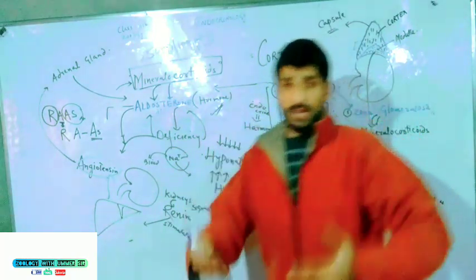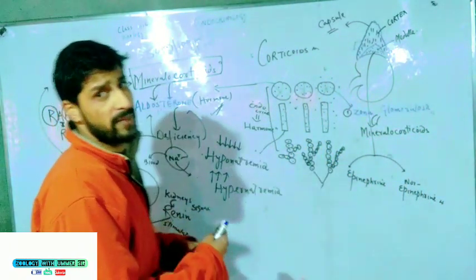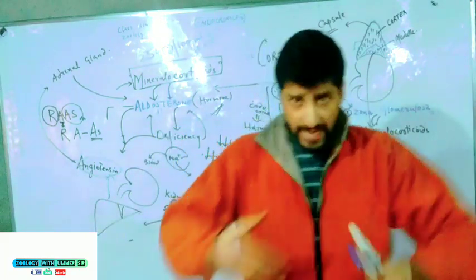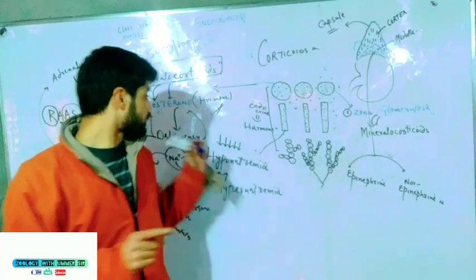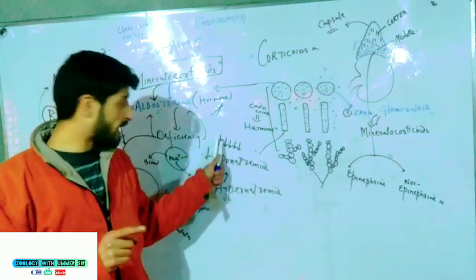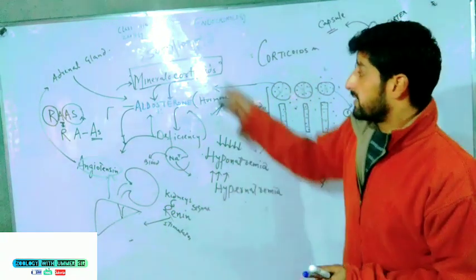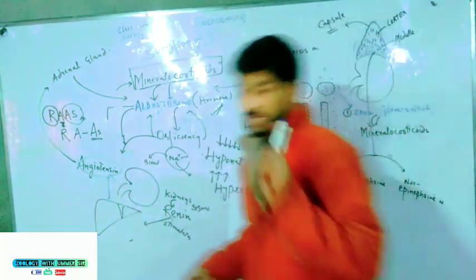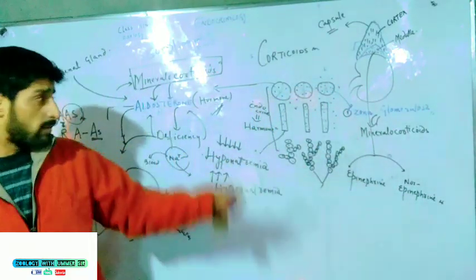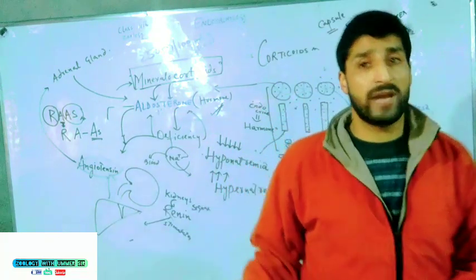Not only sodium ions, but water is also reabsorbed along with them. When water is reabsorbed back into circulation, the blood volume will increase. If aldosterone is produced in excess, a stage will reach when more and more water will be reabsorbed, and that may lead to hypertension or high blood pressure.